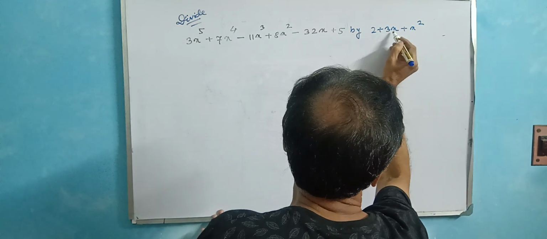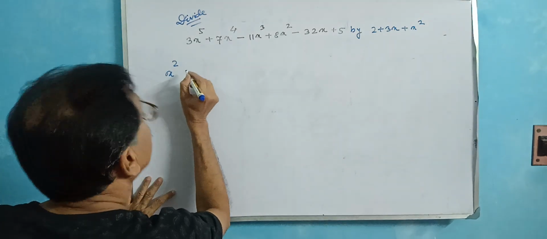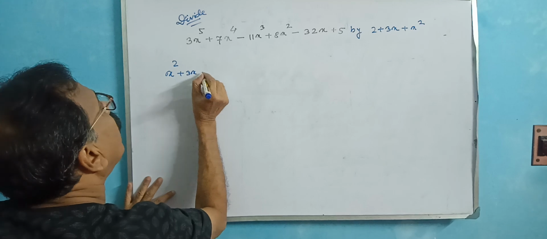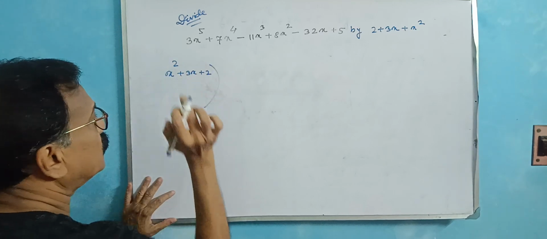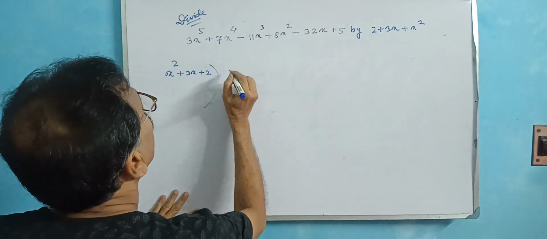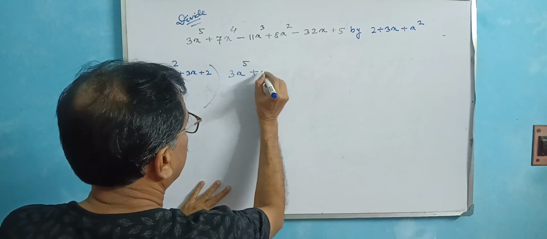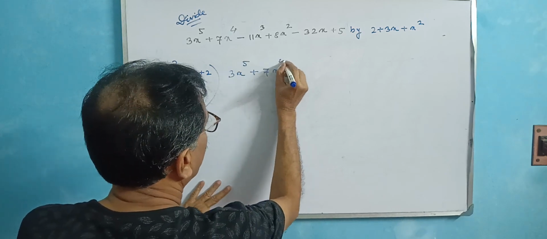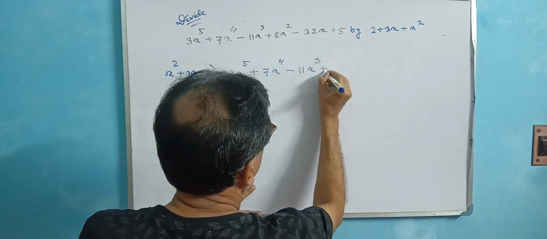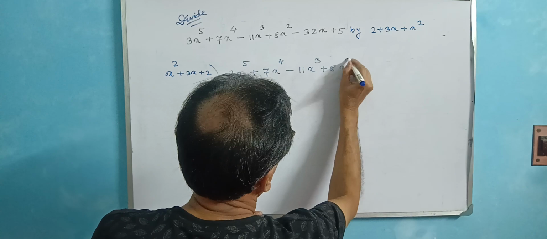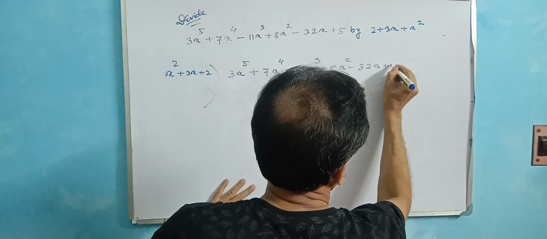Here is 2 plus 3x plus x square, but you write here x square first, then 3x plus 2, because descending, this power is 2, this is 1, this is 0. Here is also descending in power, so 3x to the power 5 plus 7x to the power 4 minus 11x cube plus 8x square minus 32x plus 5.